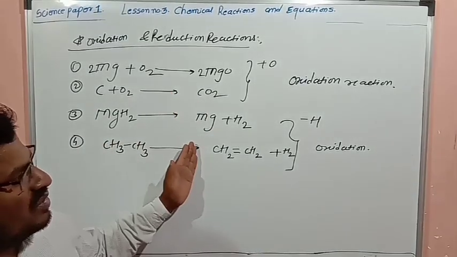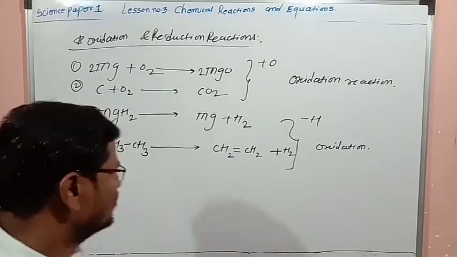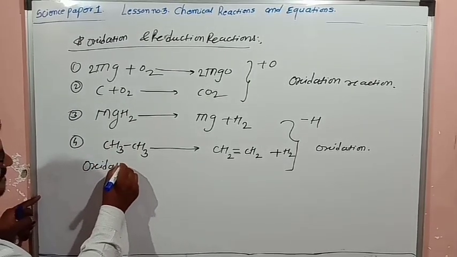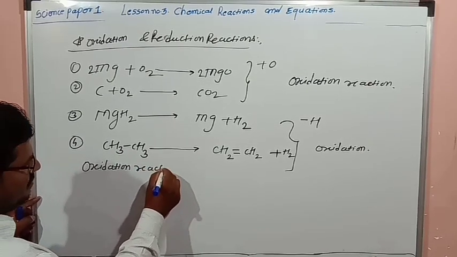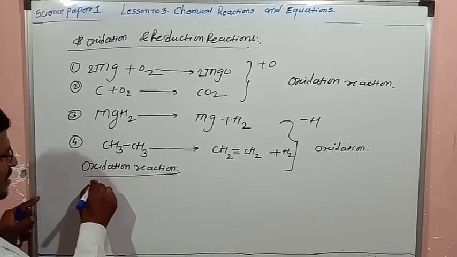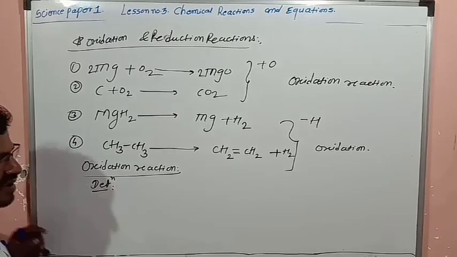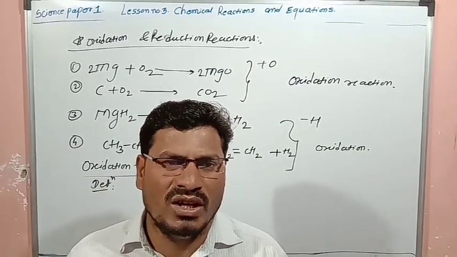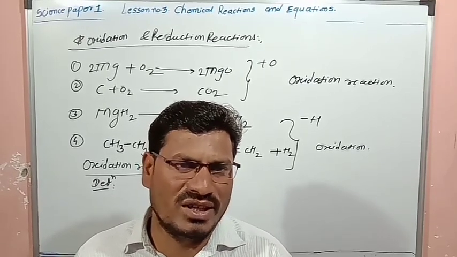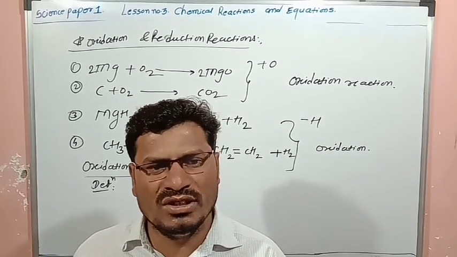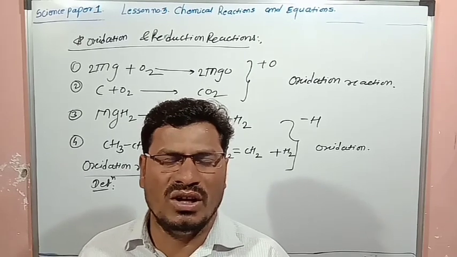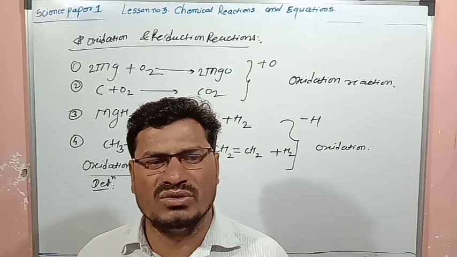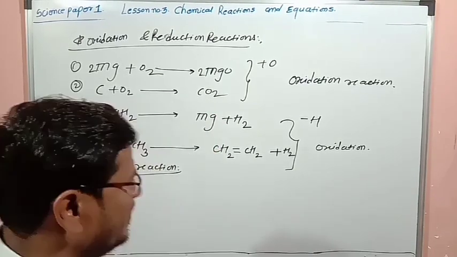So you are going to write the definition of oxidation reaction. Oxidation reaction definition: the chemical reaction in which oxygen combines with a reactant, or hydrogen is removed from the reactant, or the reactant loses hydrogen, that particular chemical reaction is called an oxidation reaction.